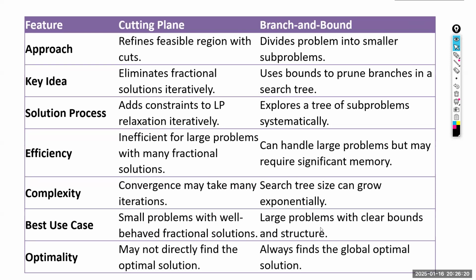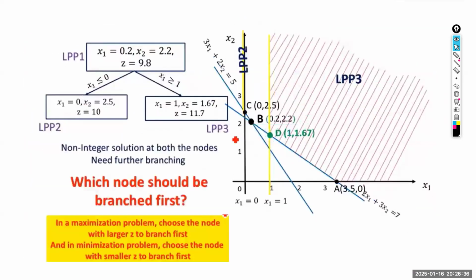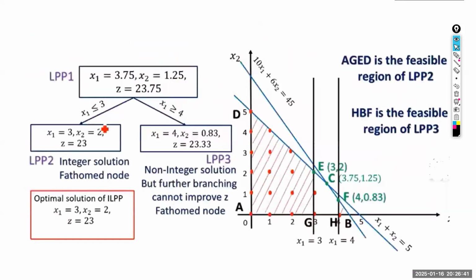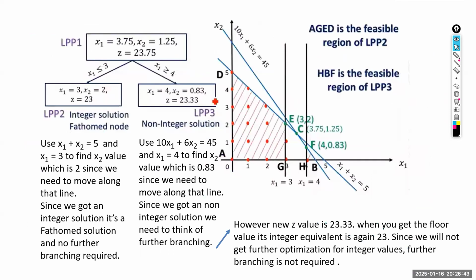So therefore branch and bound is the standard approach, right? But cutting plane is another approach. You can use it for a little bit simple scenarios. Okay, right. So first we'll look at the cutting plane approach, which is actually easier for simple problems. But for complex problems you need to go for branch and bound.